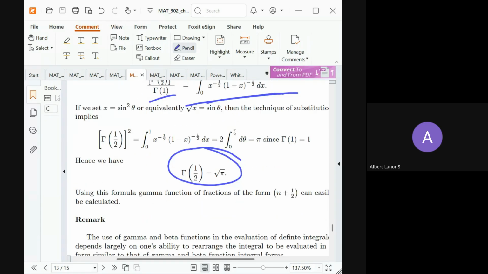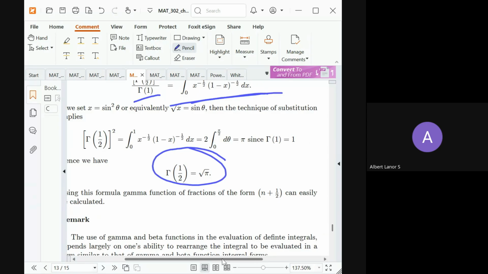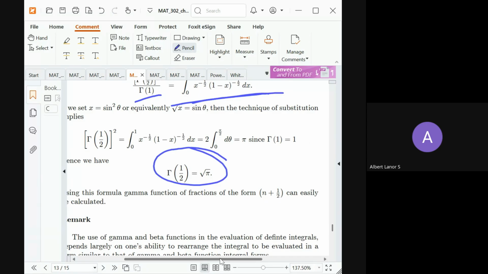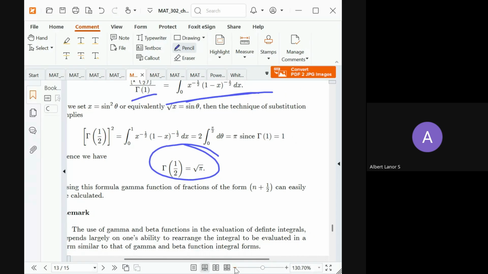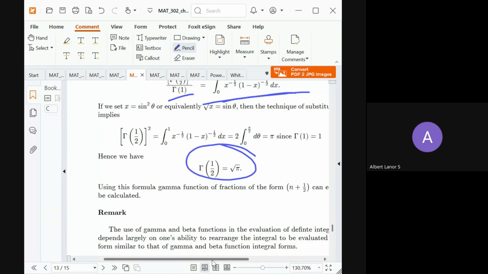Okay. Now, using this formula, gamma functions of fractions can easily be calculated. So you can easily calculate fractional gamma functions using the beta function.